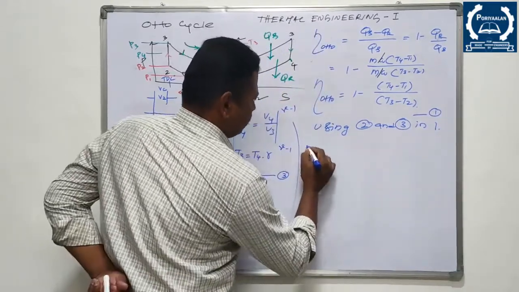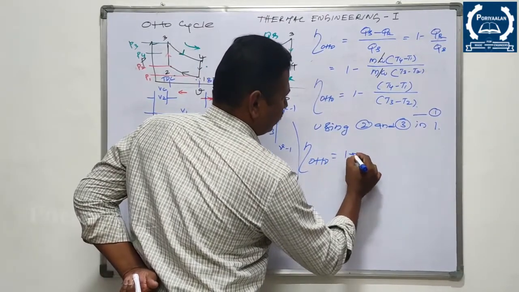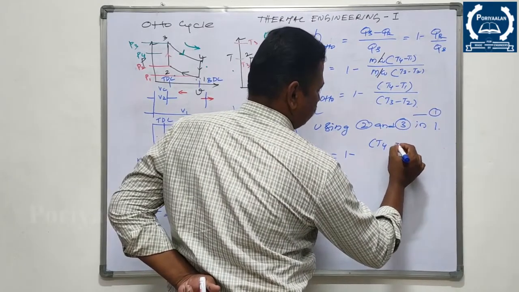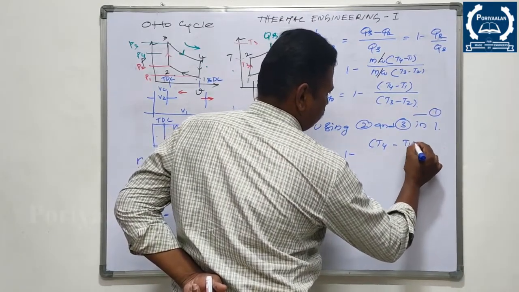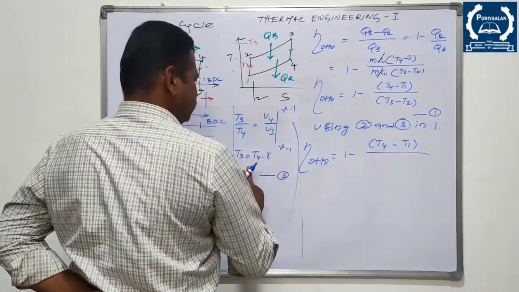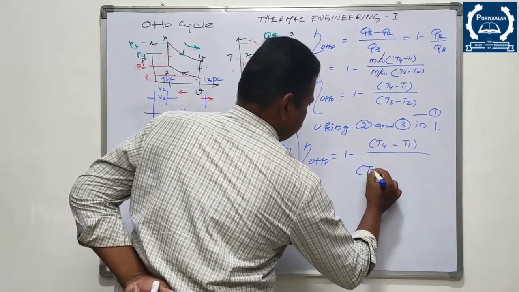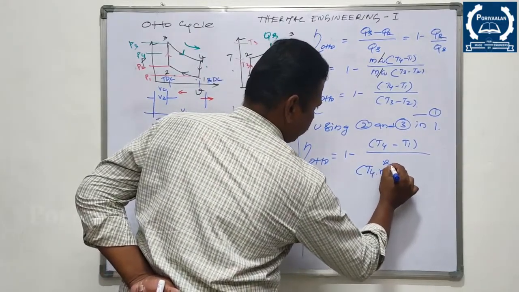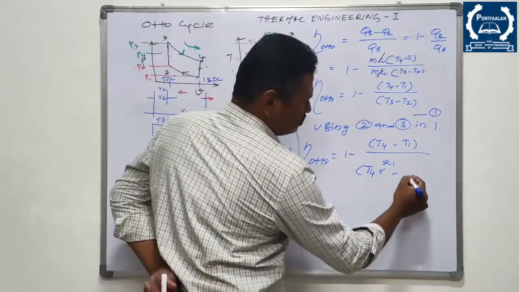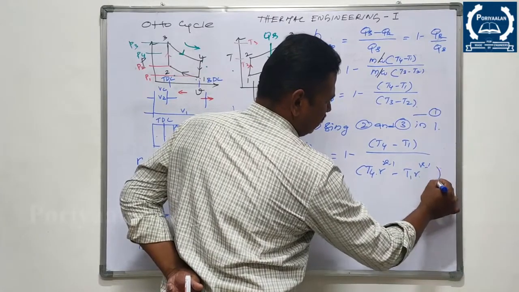The efficiency of the Otto cycle will become 1 minus (T4 minus T1) divided by T3. I am replacing T3 with T4 times R power gamma minus 1. Likewise T2 is T1 times R power gamma minus 1, right?